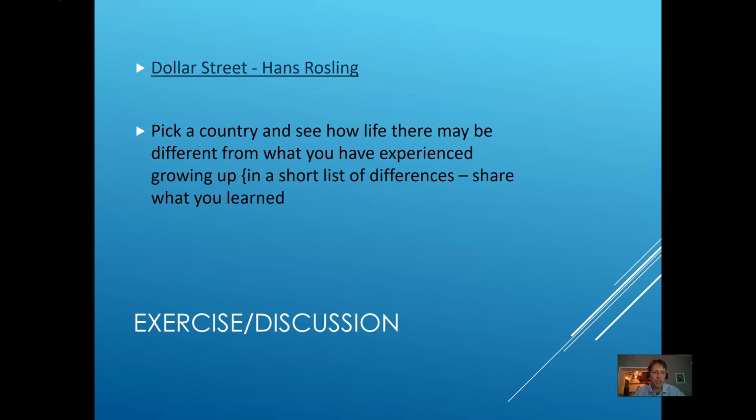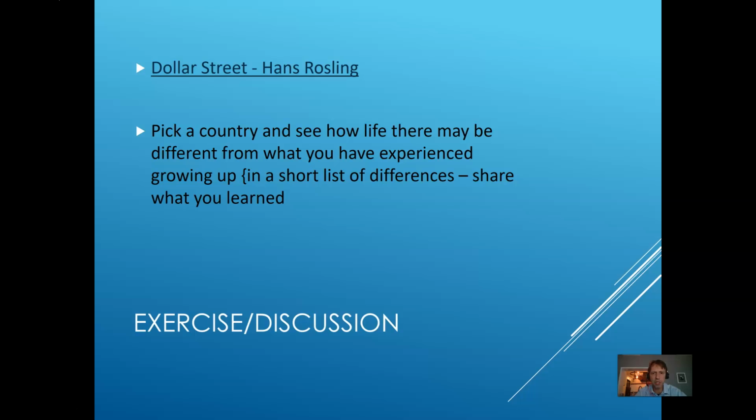So your project, your task for this particular lecture, is to go back out to that Dollar Street. Hans Rosling has passed away, but he's the Swedish person who put this together. It's a really interesting look at what life is like in different parts of the world.